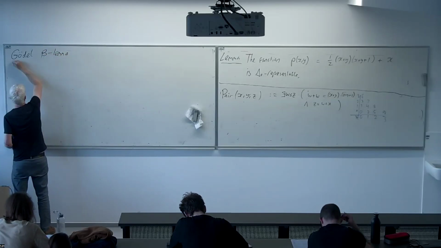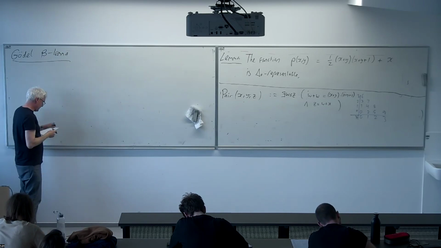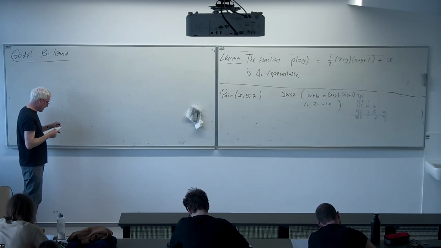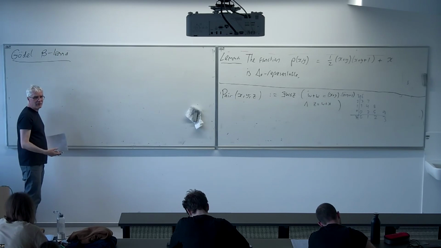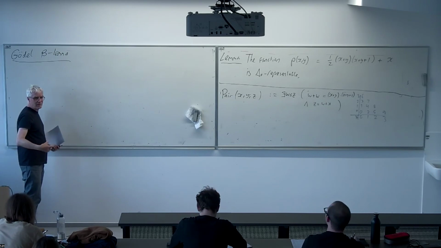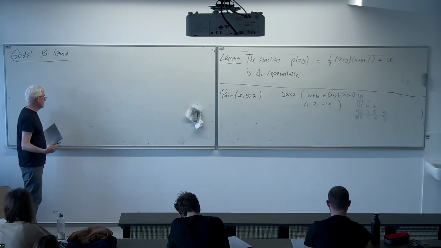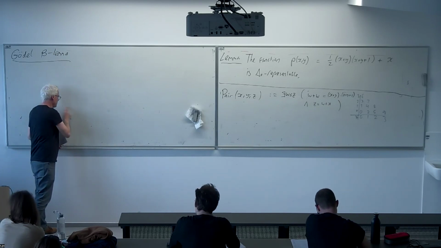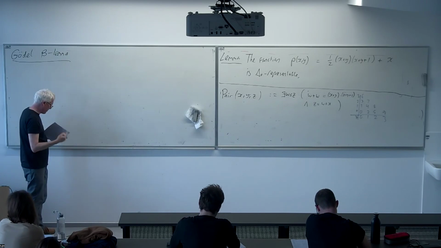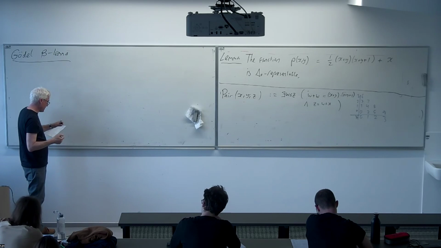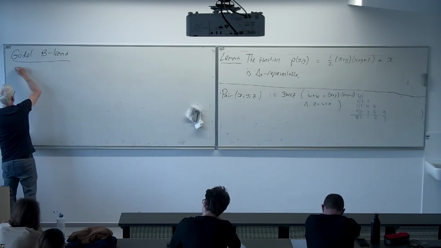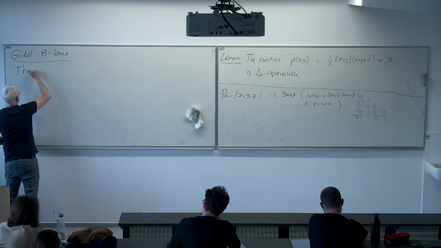It's called the beta-lemma because what it says is there exists a binary function beta which we're not going to define. We will later define it explicitly, but to begin with, we're just going to say what properties we need it to satisfy, because it's quite tricky to define explicitly. It's then going to be delta zero representable.